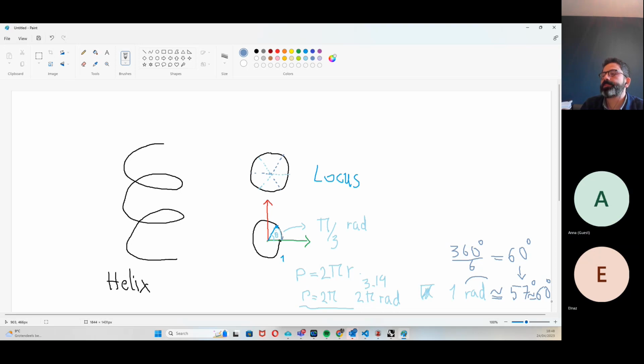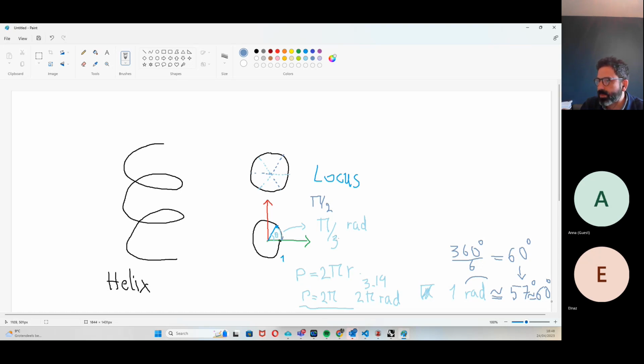Okay. So the unit of angles is going to be radians. So the whole circle is 2 times pi radians. Half of the circle is pi radians. 1/4 of the circle is half pi radians, and so on and so forth, right?